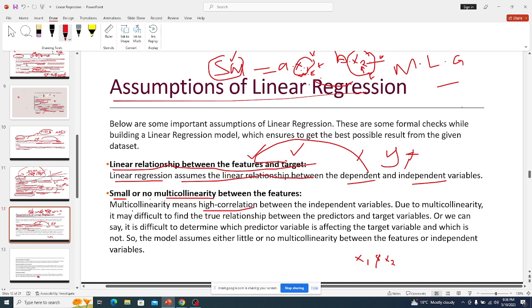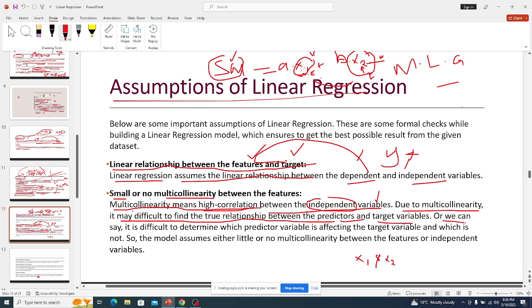Now let's go through the notes. Multicollinearity means high correlation between the independent variables. Due to multicollinearity, it might be difficult to find the true relationship between the predictors and the what? The target variables.